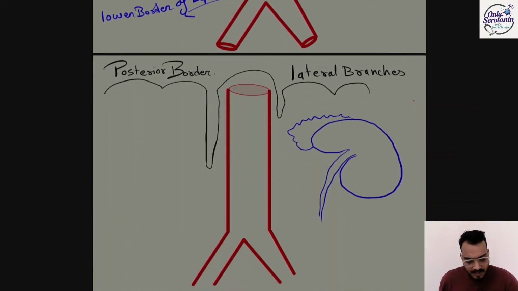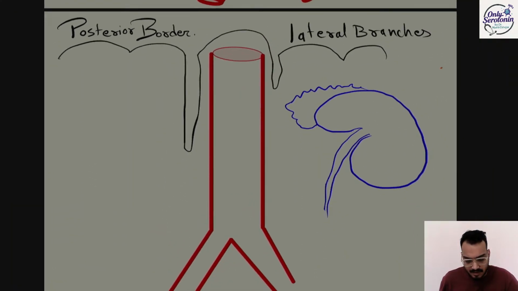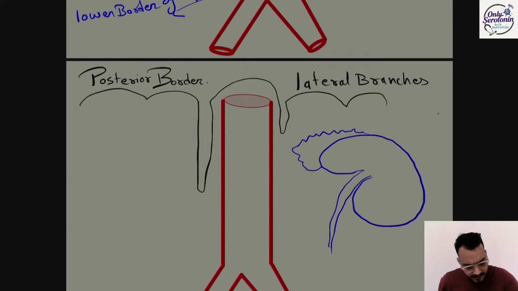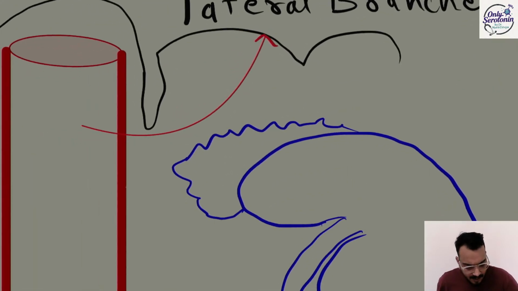Now let's see the posterior as well as the lateral branches. In the lateral branches, first of all, we have studied that one artery is going to supply the diaphragm, and this artery is known as the inferior phrenic artery.